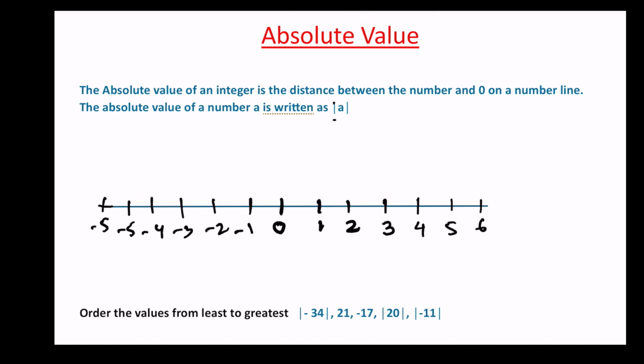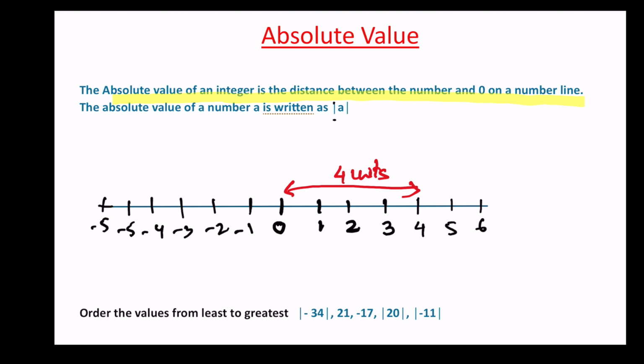Let's focus on the definition. The absolute value of an integer is the distance between the number and 0 on a number line. So this is 0. Think about this is number 4. So the distance between 0 and +4 is 4 units.